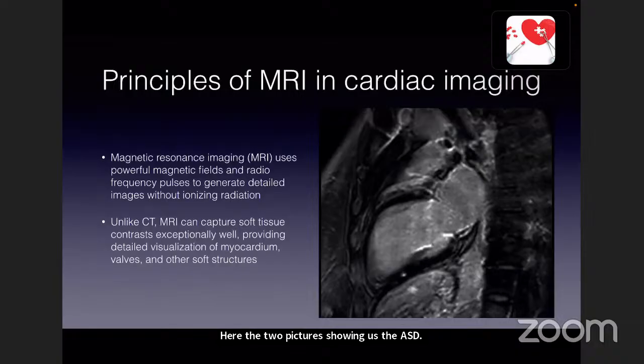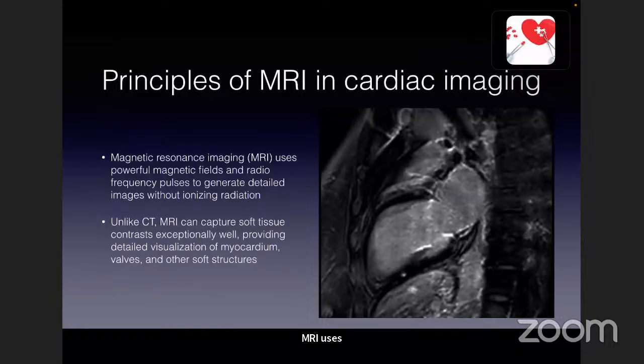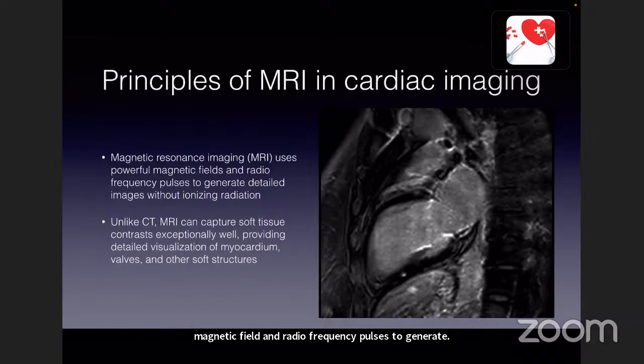Principle of MRI in cardiac imaging. MRI uses powerful magnetic fields and radio frequency pulses to generate detailed images without ionizing radiation. Unlike CT, MRI can capture soft tissue contrast exceptionally well, providing detailed visualization of myocardium, valves, and other structures.